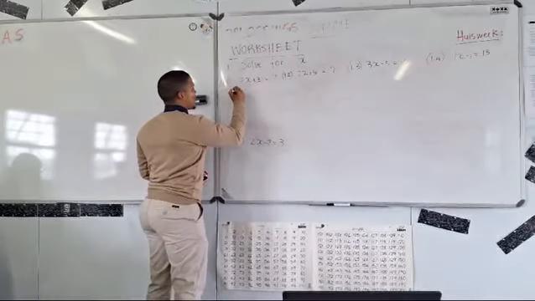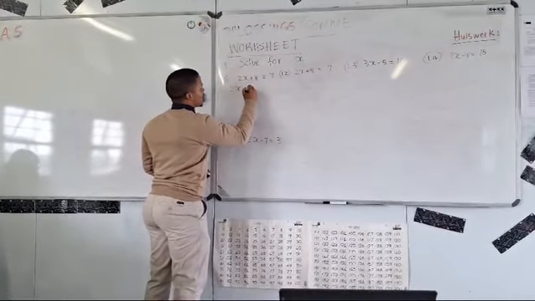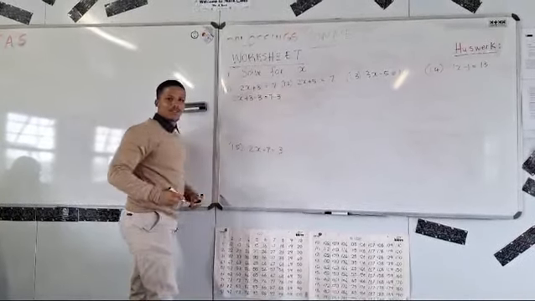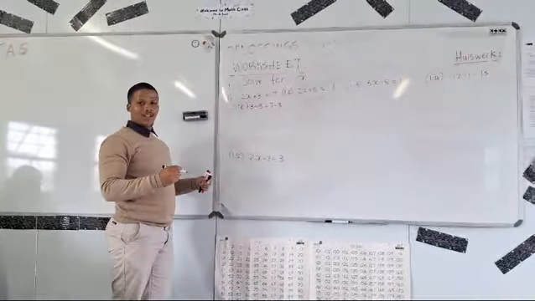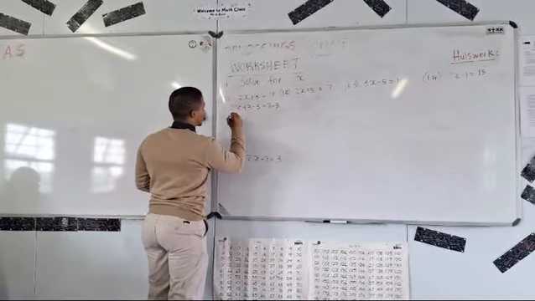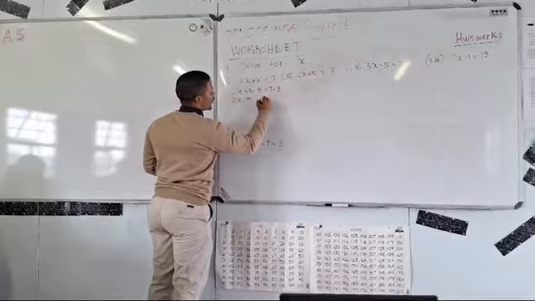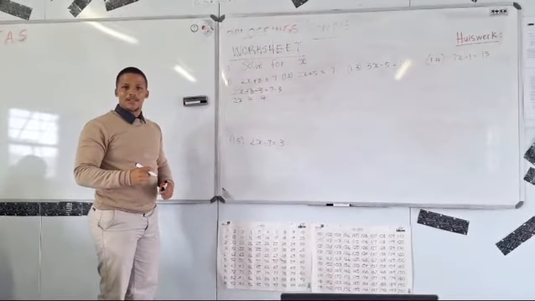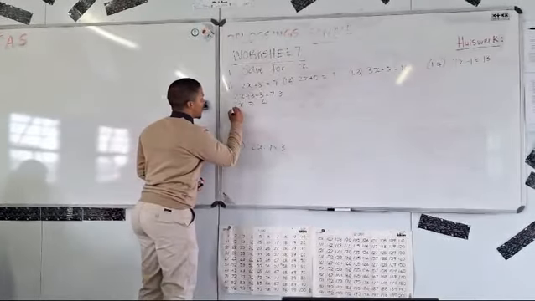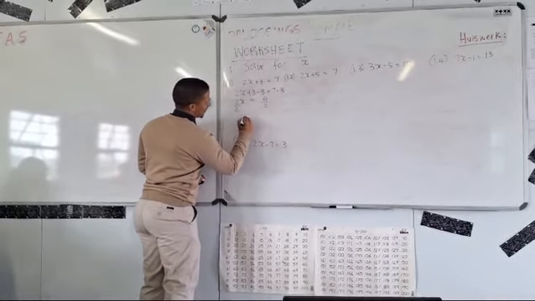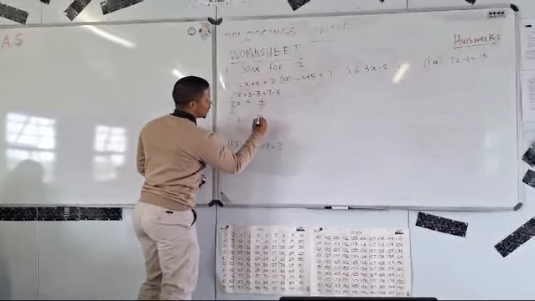So 2x plus 3 minus 3 equals 7 minus 3. Now we have to simplify. You will get 2x equals 4, right? Next, you have to divide by 2 on both sides, right? And then you're going to get x is equal to 2.